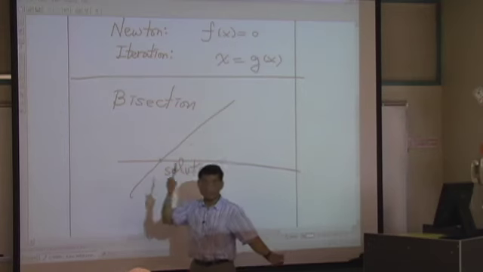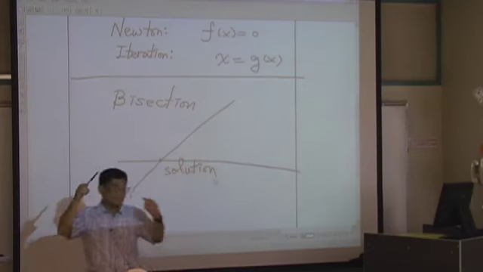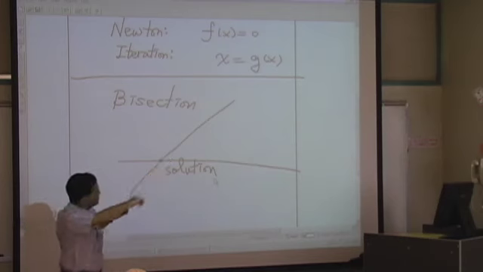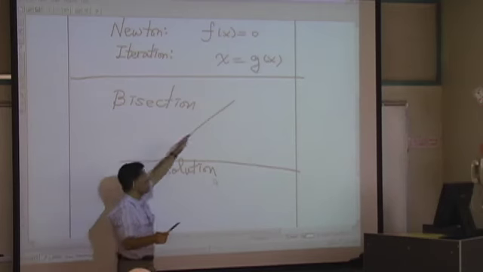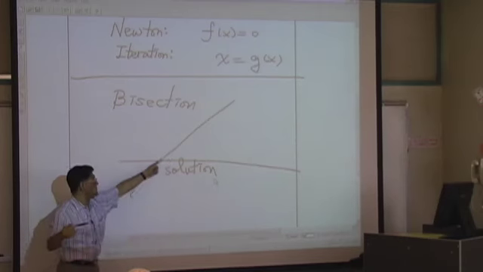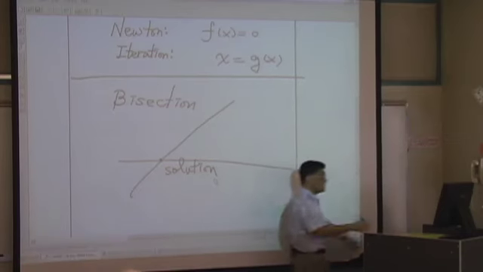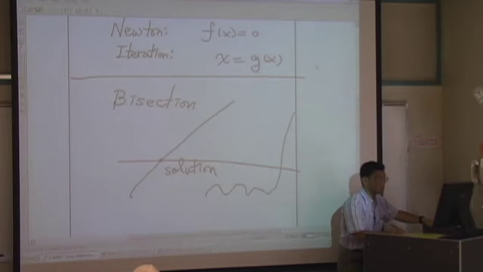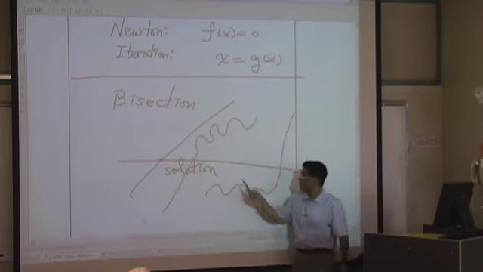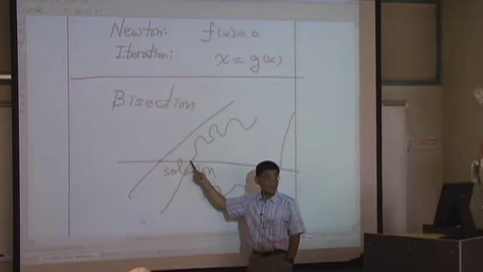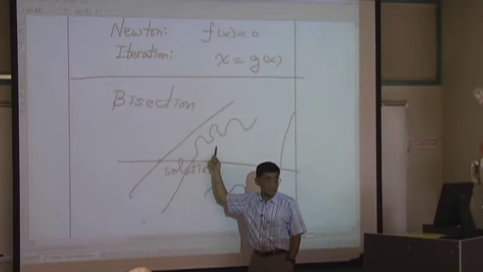Then, if this line is continuous, it should hit the surface, right? No matter how it is bent, it should hit the surface. Do you follow me? One is inside, one is outside.